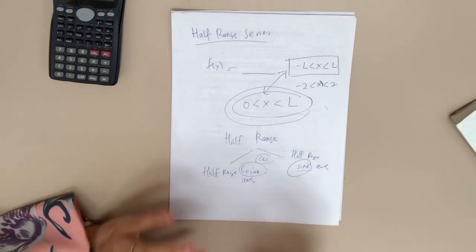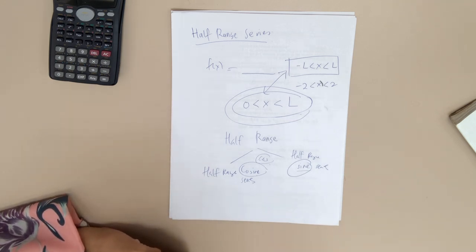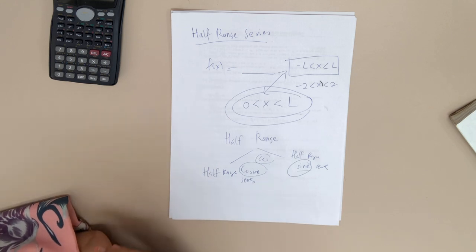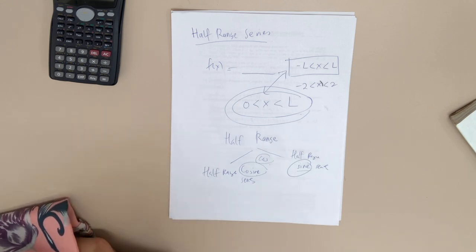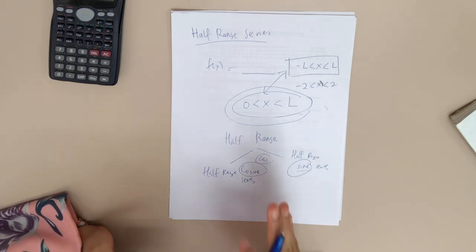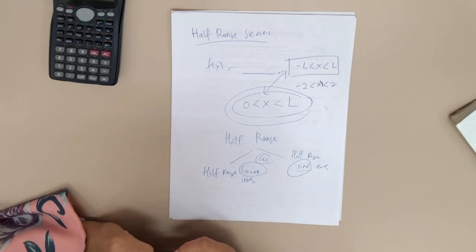If you still remember, cos and sine have odd and even properties. Every function we can identify whether it is odd or even. We already identified that cos is even and sine is odd.